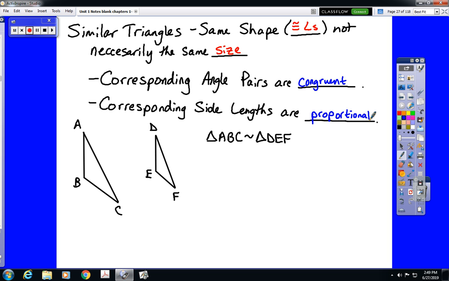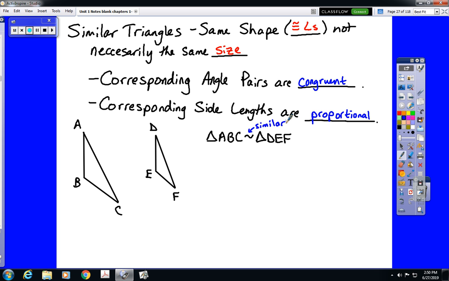So here we have a pair of similar triangles, ABC and DEF. Notice that we have the similar symbol, indicating that those two triangles are the same shape, but not necessarily the same size.